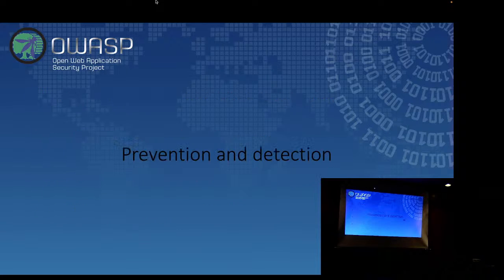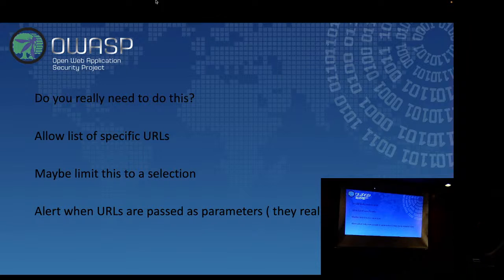Next. So prevention and detection. Next. Do you really need this? Is this the thing you really need? I'm having a hard time understanding, unless you're some big cloud provider, that this is a thing. And if you're a cloud provider, you're already probably locked down.